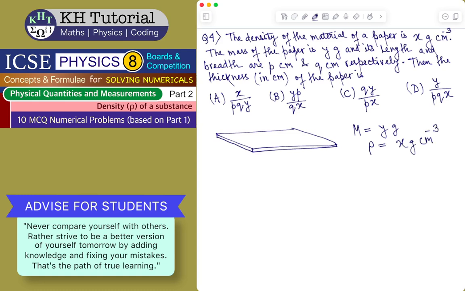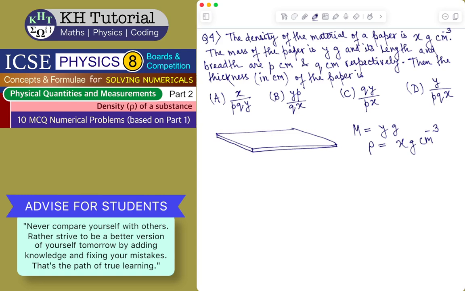Now we need to find the thickness of the paper, which the problem is asking. If we know the thickness of the paper, we will get the volume, and from the volume we can apply the formula that density is equal to mass by volume.